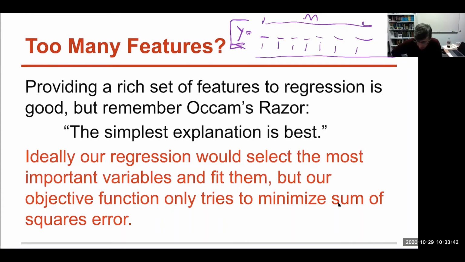When you try to fit a regression model where you have a huge number of parameters, okay, often the model that you get back is not very interpretable because it's going to make its predictions by a little bit of effect from each one of these features. Okay, if we remember back to Occam's razor, it says that the best explanation is the simplest one.